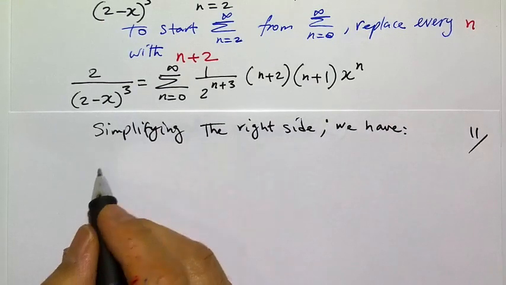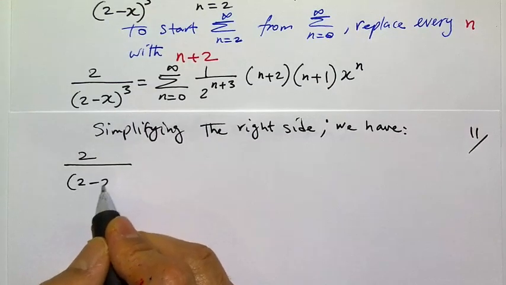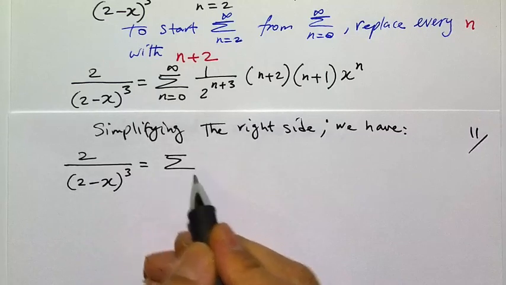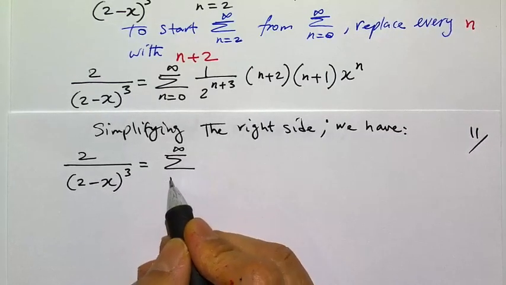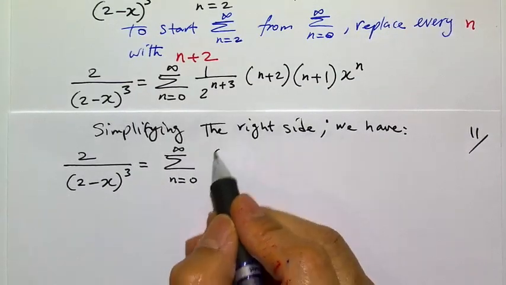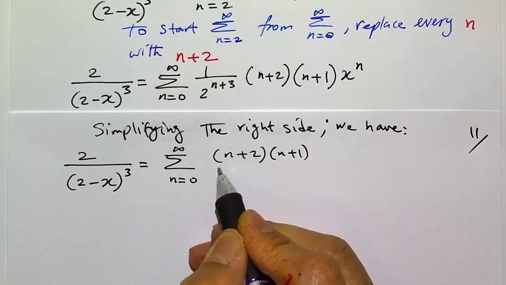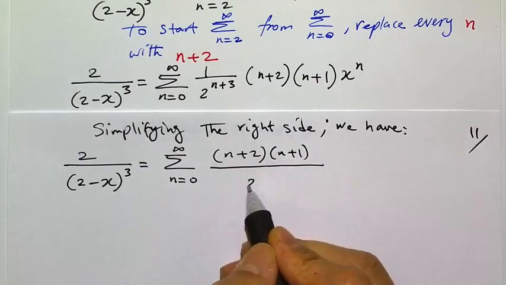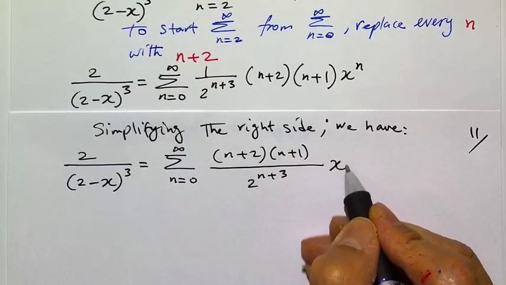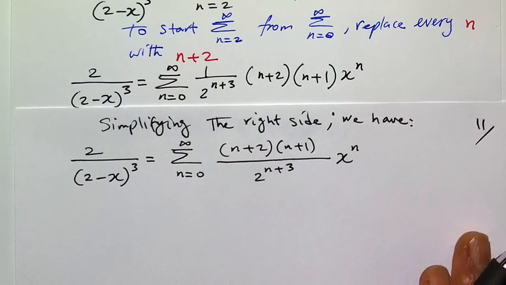The left side stays the same, and so we have all of that divided by 2 to n plus 3 times x to the n power. Okay.